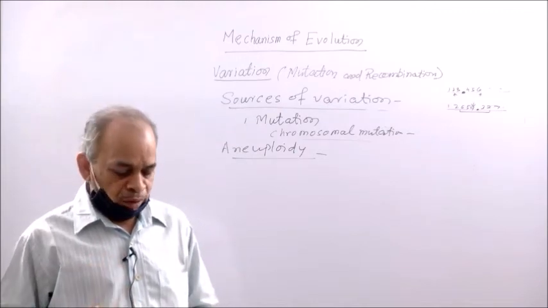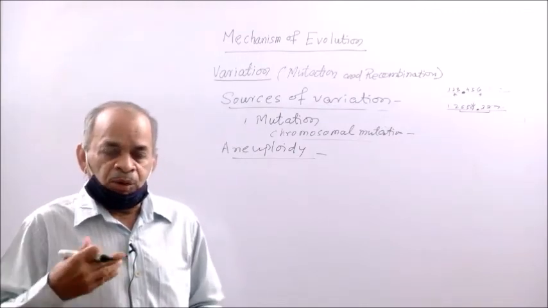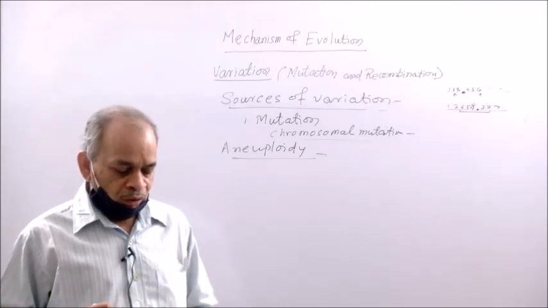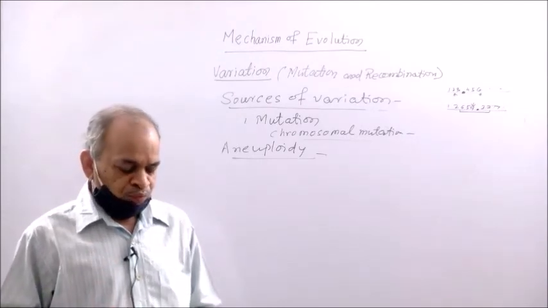Addition to the normal set is called hyperploidy, and loss is called hypoploidy.